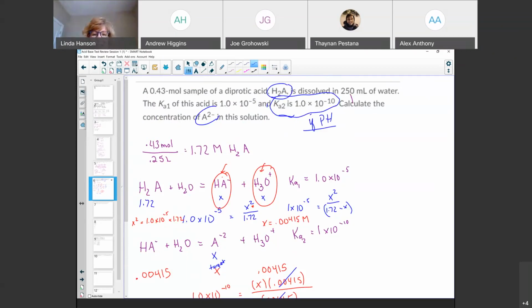So if it had asked me for pH, this is what I would take negative log of, 0.00415, and I would have the pH of that solution. Sometimes they ask for the pH, and you're just going to find that first hydrogen ion and take negative log there, and you'll have the pH of the solution.